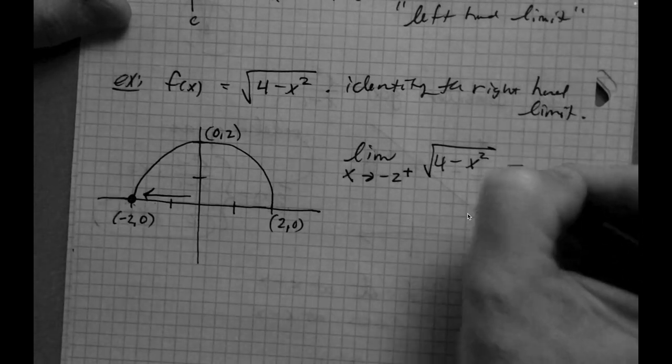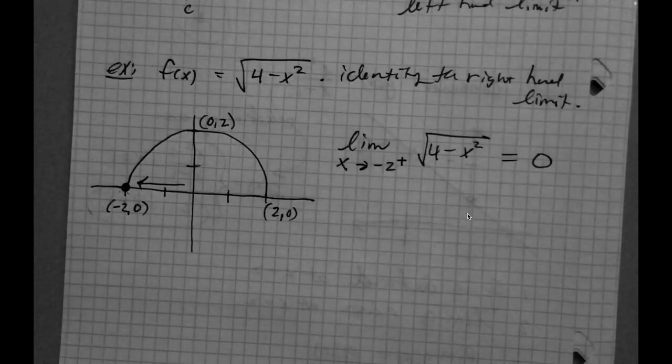Quite obviously, in this case, it's 0. No reason to get super analytical with this one. This is more just an intuitive idea. With the left and right-hand limit, it is possible to look at points that border the domain of the function without any problems. So that's an example.